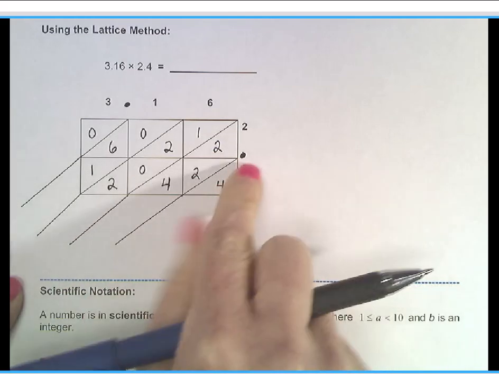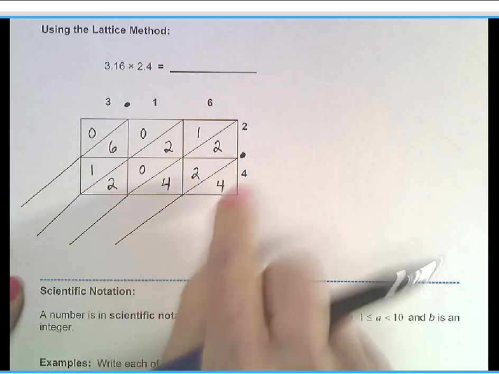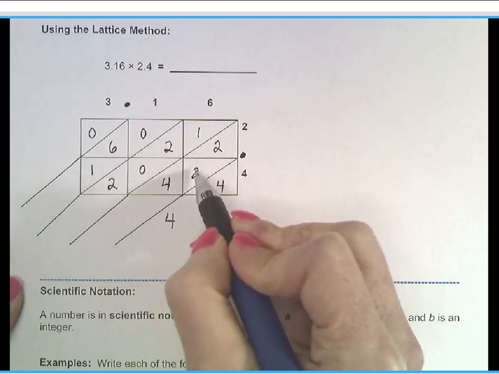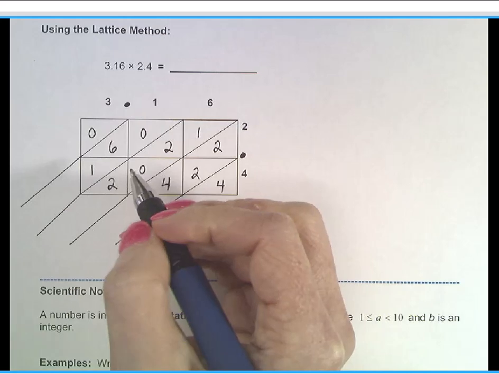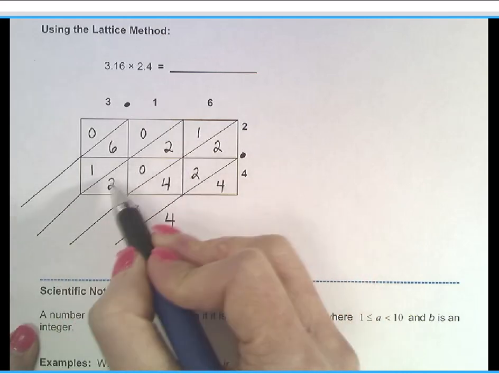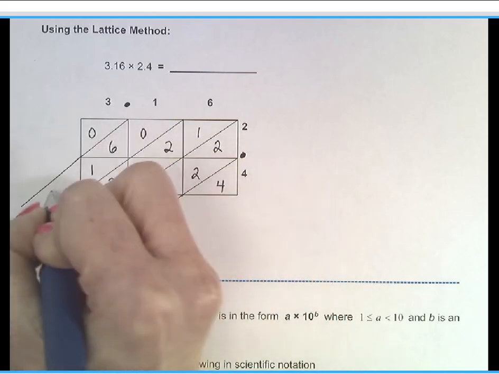And remember, you accumulate all the numbers in each diagonal. These will be your place values. So this is a 4. 2 plus 2 plus 4, that's going to be 8. 1 plus 2 plus 0 plus 2, that's going to be 5. And 6 plus 1, that's going to be your 7.